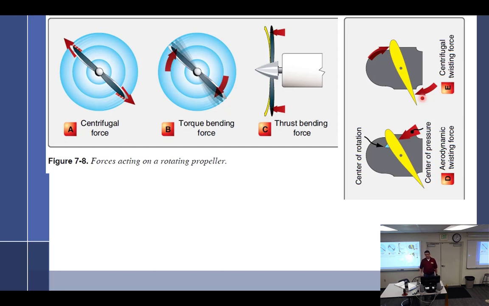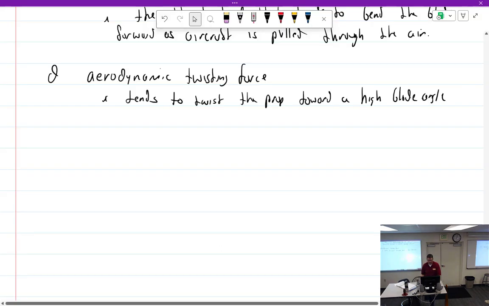So you got that? Aerodynamic twisting force, because of the way the center of pressure is versus the center of rotation, I don't know why center of rotation here when it actually rotates there, but that's the way wings work. Aerodynamic twisting force wants to rotate it towards feather. It tends to twist the prop towards high blade angle, which is feather. Why?